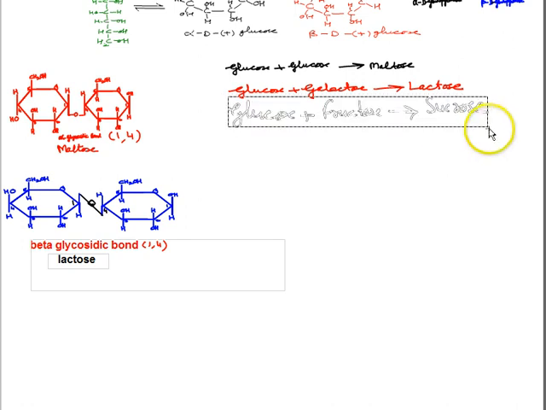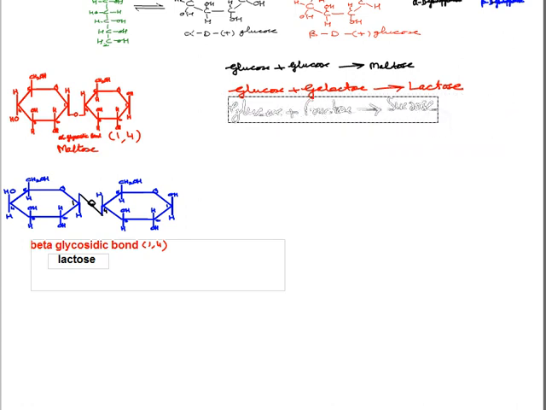Something we must keep in mind is that for glucose you have to have the alpha D glucopyranose form, and for fructose we have to have the beta D fructofuranose form. Now how this bonding takes place, let us examine this. So first let us have two molecules together. Number one is glucose alpha D and fructose beta D. Glucose is of course the pyranose form, and fructose is the furanose form.